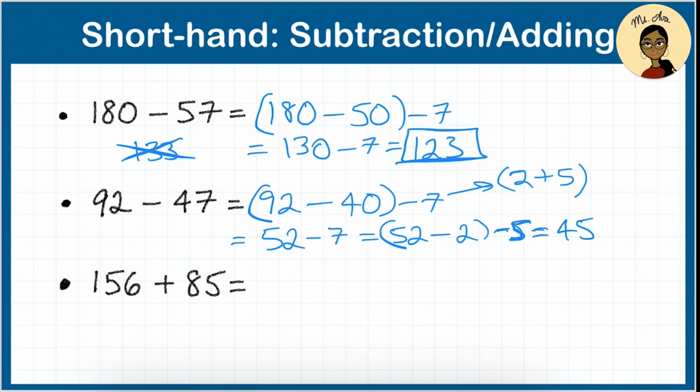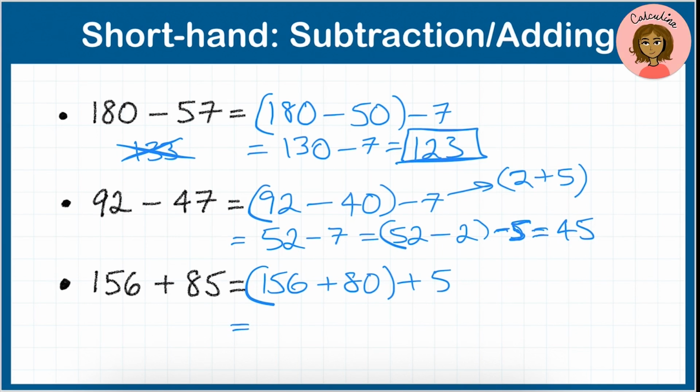And then similarly with adding, you can do the same kind of tricks. For this one, I would do 156 plus 80 first, and then after that, I would add the 5. So what is 156 plus 80? That is going to be 236.